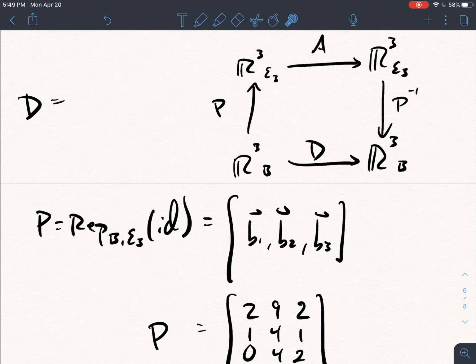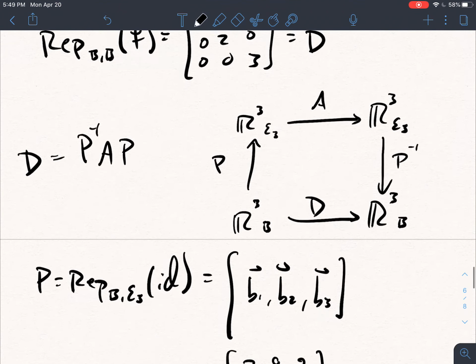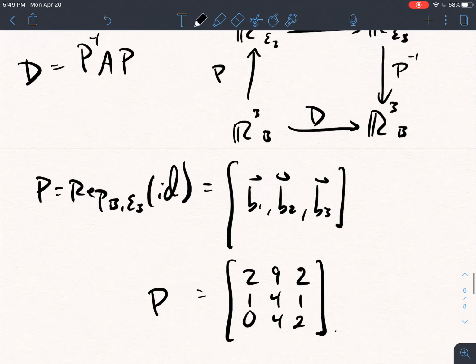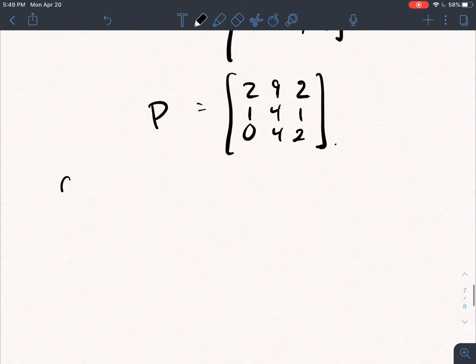So according to this diagram right here, D is equal to, so I first multiply by P on the left, then on the left by A, and then by P inverse on the left. So we read from right to left because you're multiplying on the left. P, A, P inverse. Right, first by P, then by A, then by P inverse.